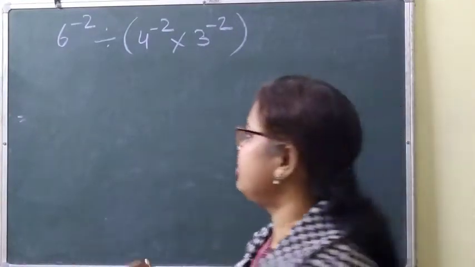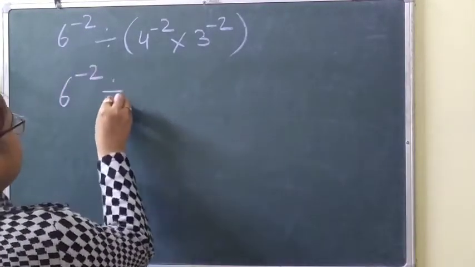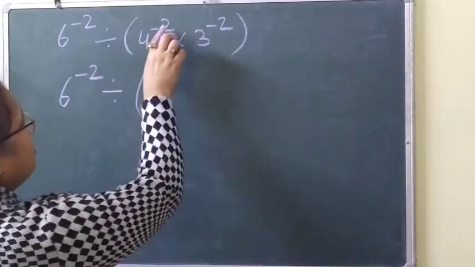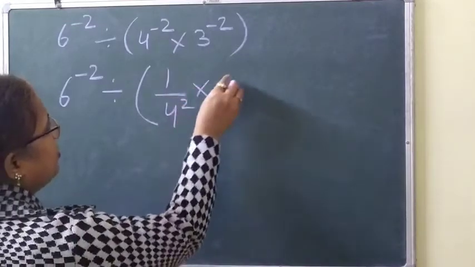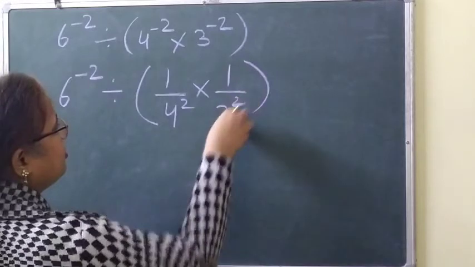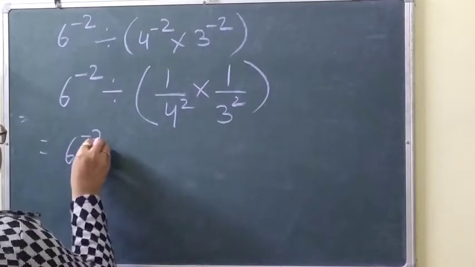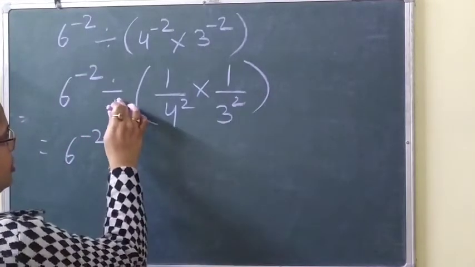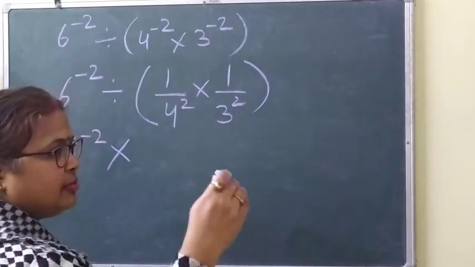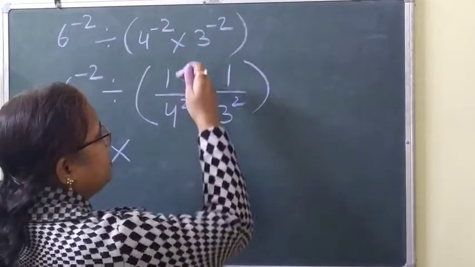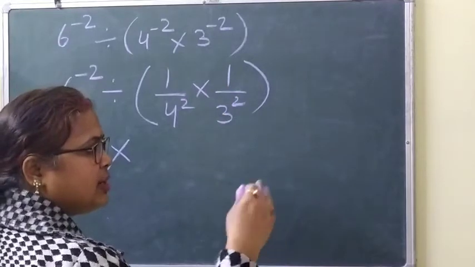So let's use that. 6 to the power minus 2. So we will write here 6 to the power minus 2 divided by, what can we write here? 4 to the power minus 2 means we can write it like this, into again 1 by 3 to the power 2. Then 6 to the power minus 2 into, of course the division sign will become a multiplication sign, and when the division sign becomes a multiplication sign, the numerator becomes denominator and the denominator becomes numerator, means we write it upside down.